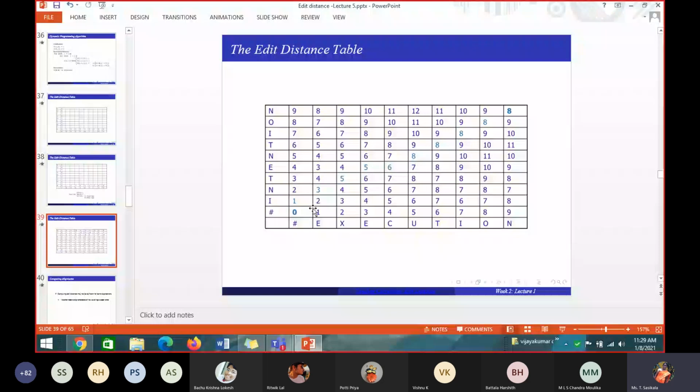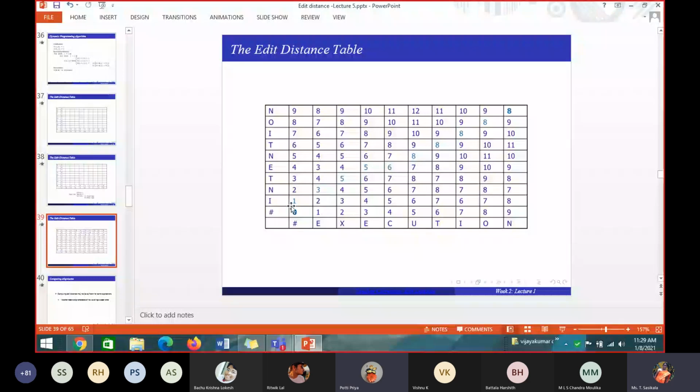Now can you calculate for 3? Next one, E and N. Left side is 2, plus 1 is 3. Down, 2 is there, 2 plus 1 is 3. Diagonal I already have 1. Whether the two letters are same or different?